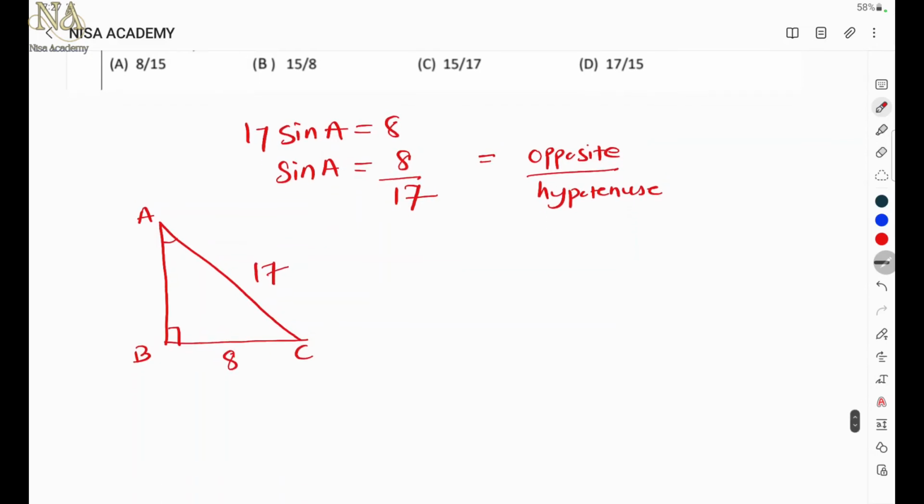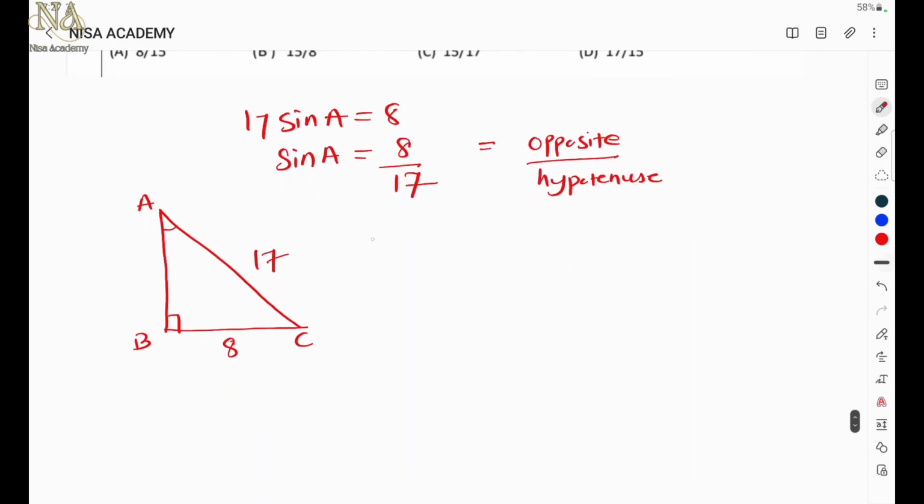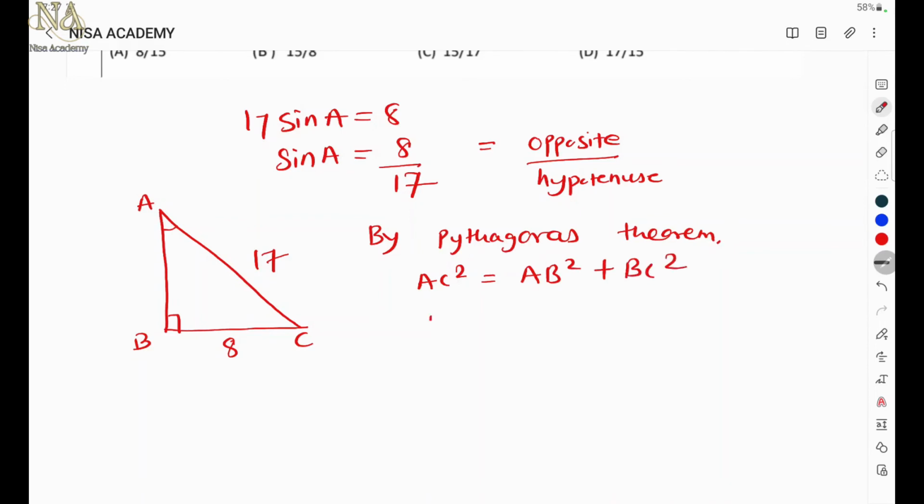You have to find tan A. So you require opposite upon adjacent. So you'll find AB here. So how will you find AB? By Pythagoras theorem. Right? So AC square is equal to AB square plus BC square. 17 square. AB square we don't know.